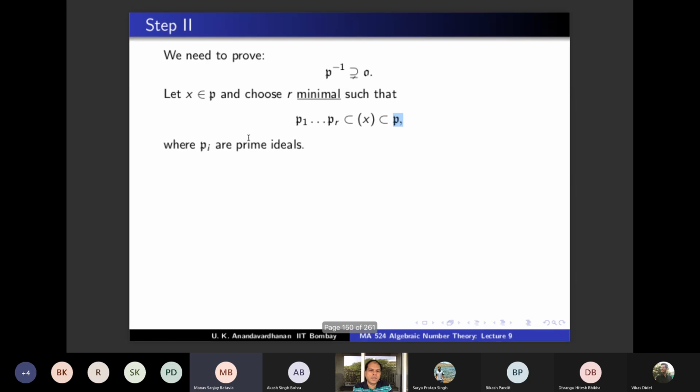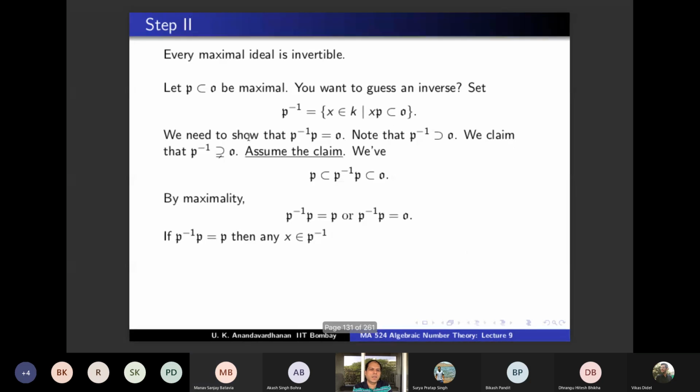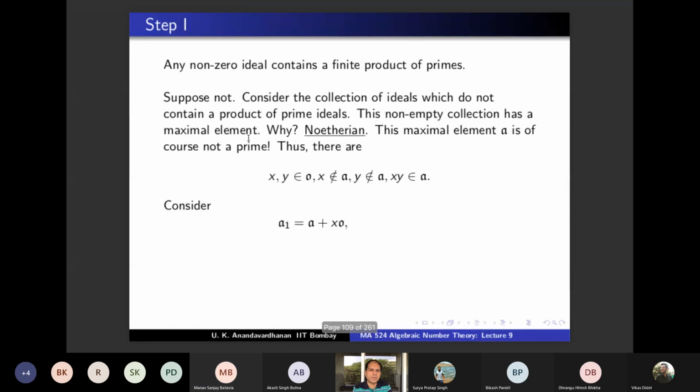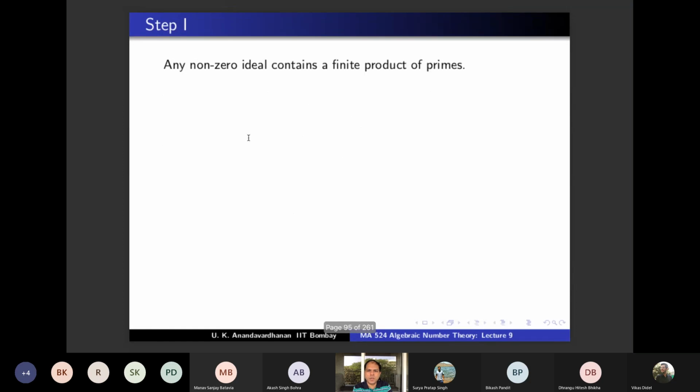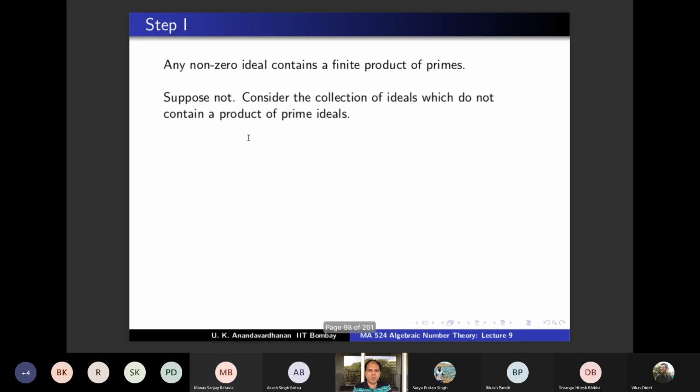Yeah, no. So what I'm saying is, I did not stress it here, but here itself in my step 1, finite product of primes, I mean finite product of non-zero primes. Okay, so maybe I will add that because it's better to be correct, but I meant non-zero primes. Our proof also showed that only, because otherwise there's nothing to show, right?